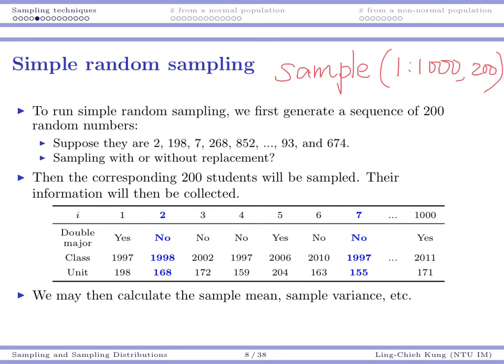So I will get 200 records, and then I have a random sample. That random sample can be used to calculate the sample mean, sample variance, whatever probability, or how many boys are there, how many girls are there, and so on. That's a random sample that I can play with.